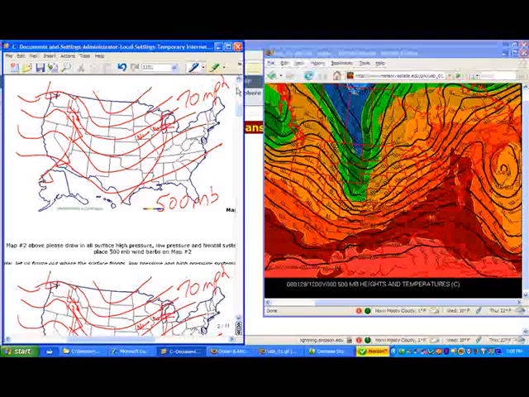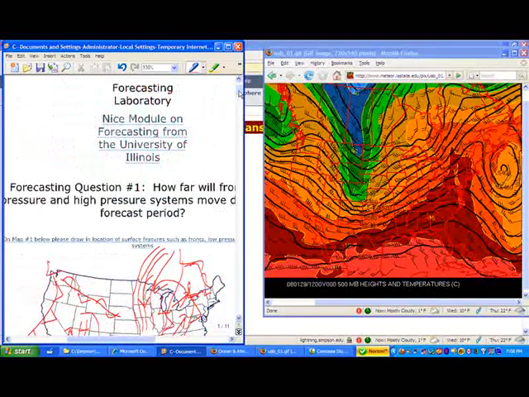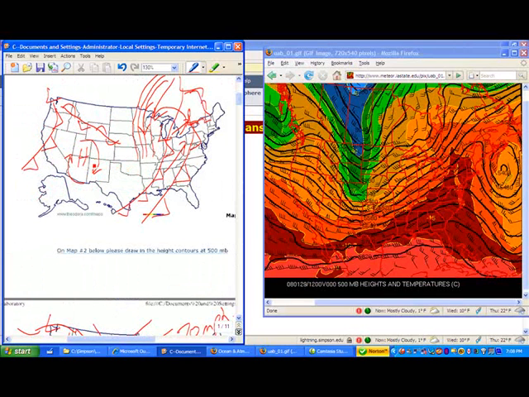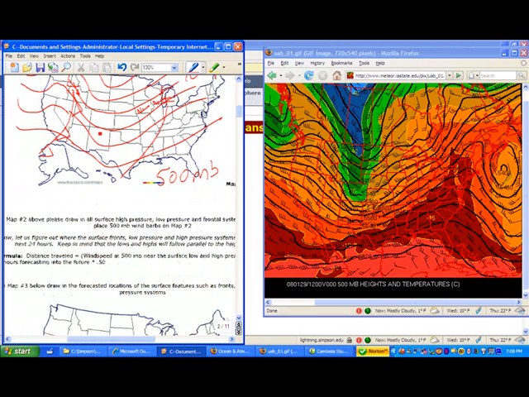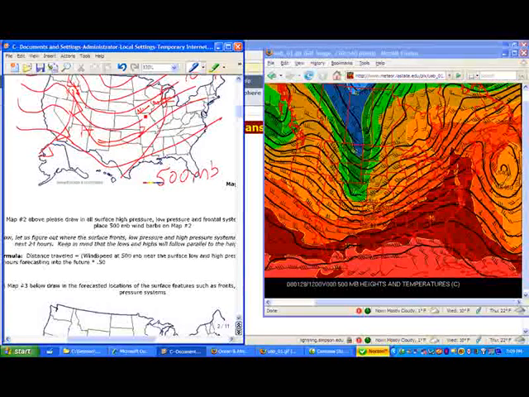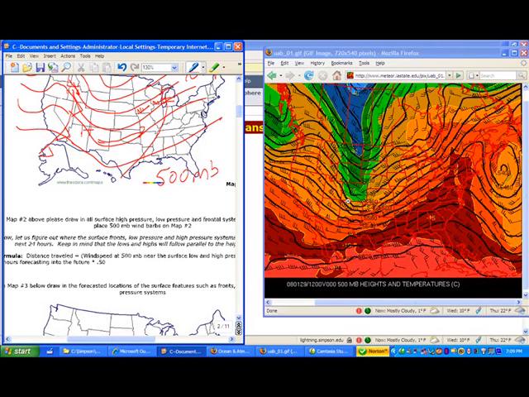The high pressure system that's sitting over the four corners will also move. And the surface high pressure sitting right here as of the time of this taping will continue to move off to the southeast and then eventually off to the east-northeast. And so what I would do is look at the winds at 500 millibars right over here to the right, and I see I have 50, 60, 65, 60, so about 60 knots at 500 millibars above the surface high.